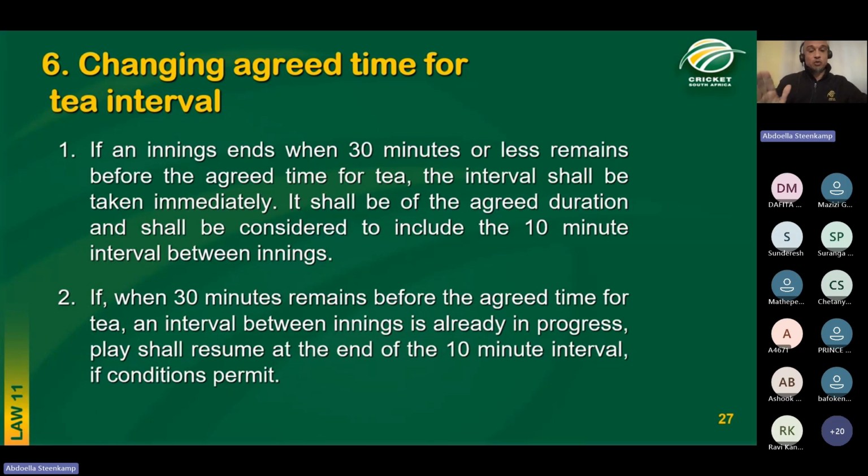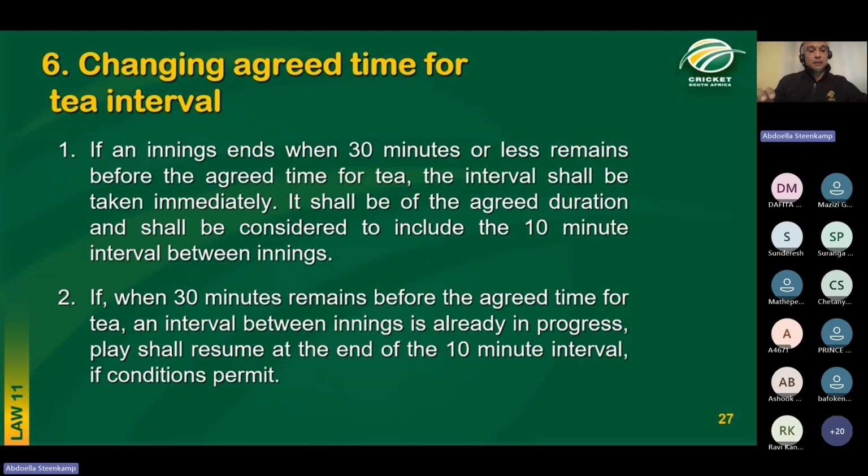At 14:40, South Africa gets dismissed. What happens next? Because South Africa's innings ended 20 minutes to go to tea, and this is 30 minutes or less, we will take tea immediately. Tea will be from 14:40 till 15:00 hours, and we will include the change of innings in our tea interval.